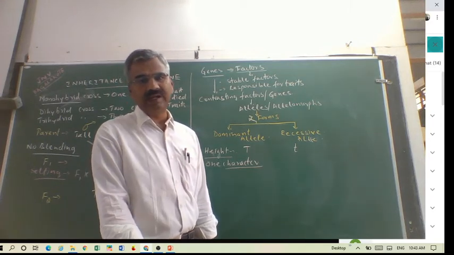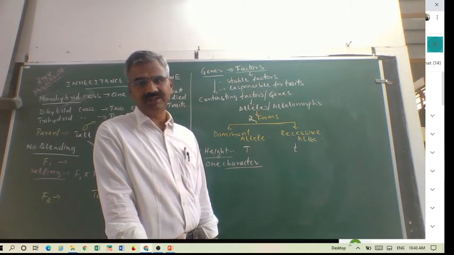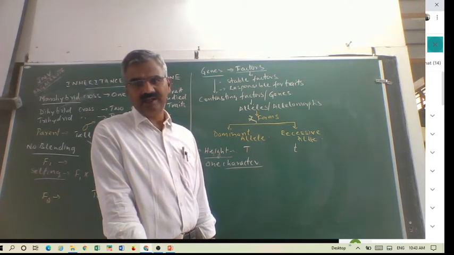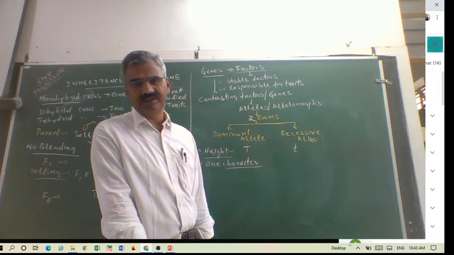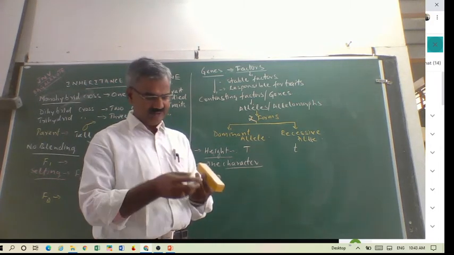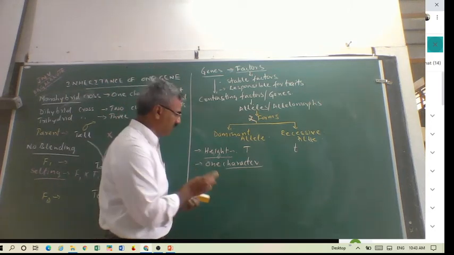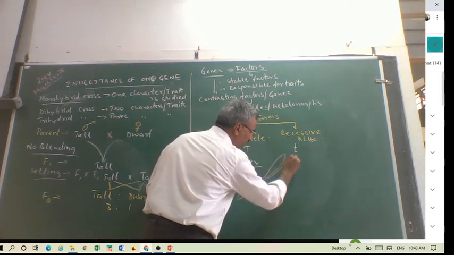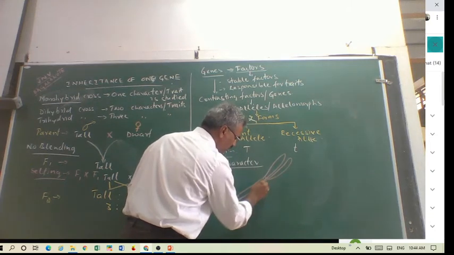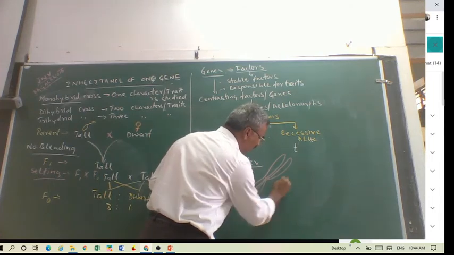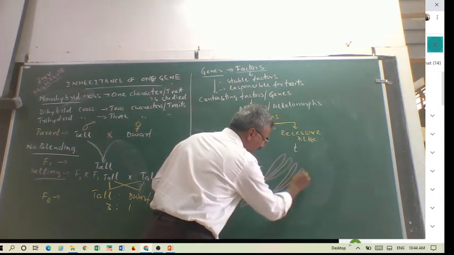What about the ploidy? Ploidy is nothing but the set. 2n. Why do we have 2n? That means two sets of chromosomes here. In the sense, we have the chromosome. Last class I think I have shown you. We have a chromosome like this, one chromosome, and the same way we have another chromosome.